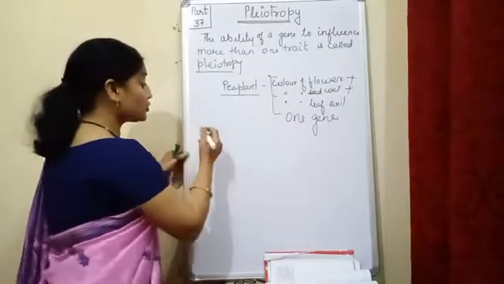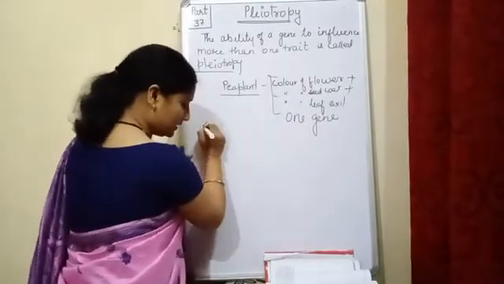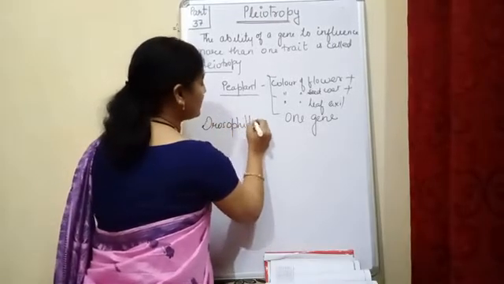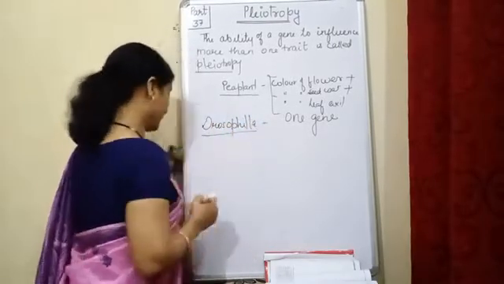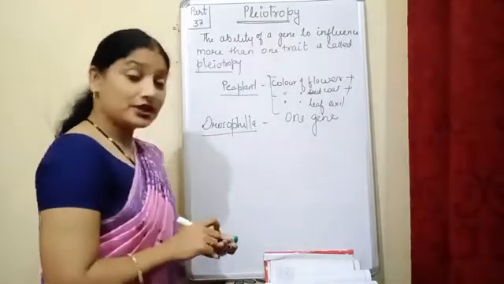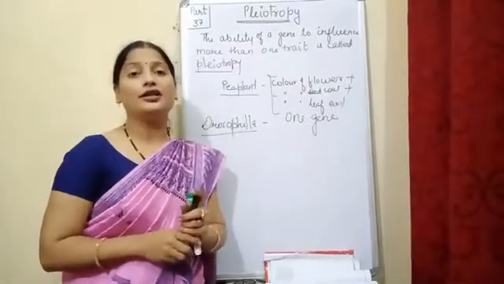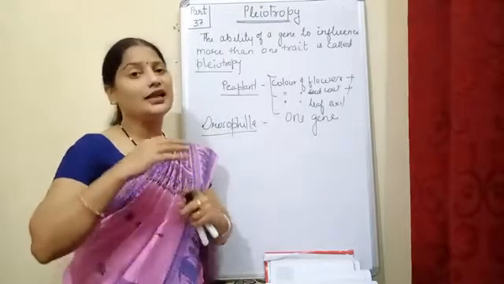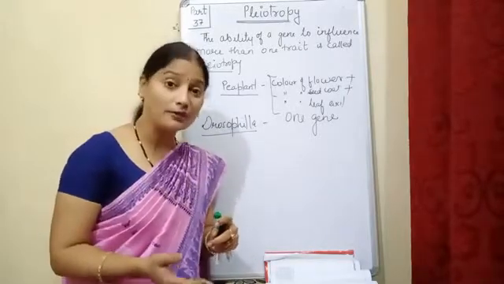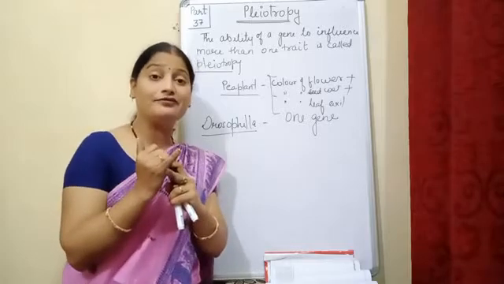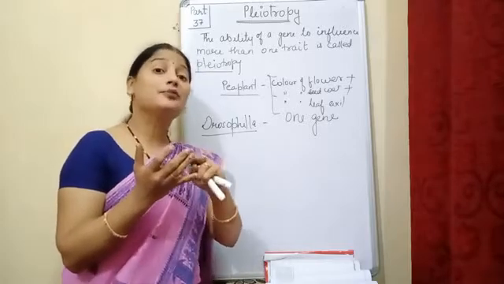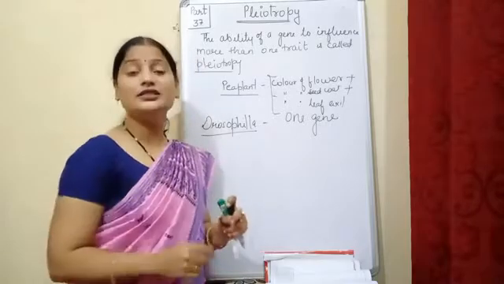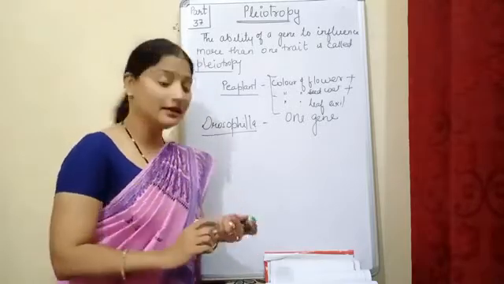In case of Drosophila, children, the genes which are responsible for the shape of the wings and the size of the wings are also responsible for the length of their life and their reproductive periods. So here also one gene is responsible for more than one trait.